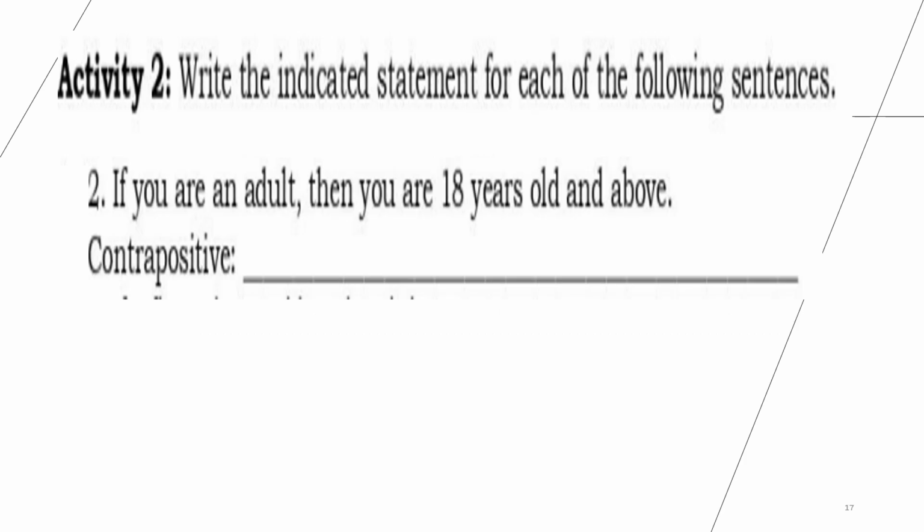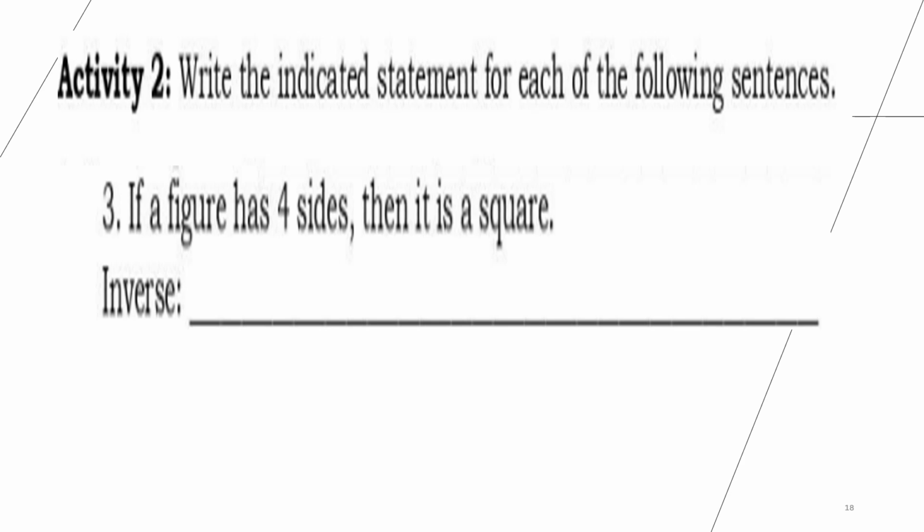Number two: if you are an adult, then you are 18 years old and above. Written as a contrapositive, it goes like this: if you are not 18 years old and above, then you are not an adult. That's the contrapositive.